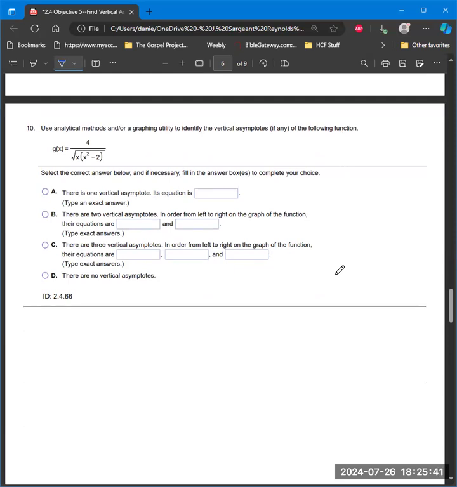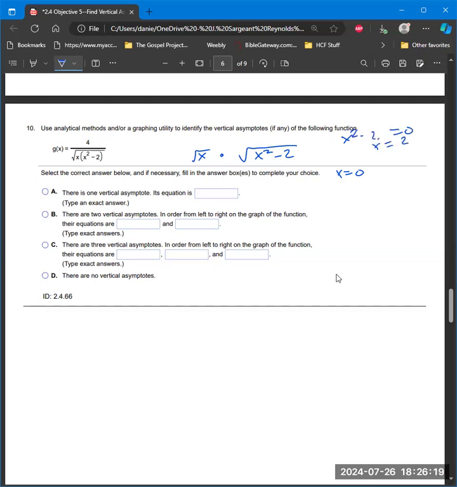Use analytical methods and or graphing utility to identify the vertical asymptotes, if any, of the function. So we have the square root of x times the square root of x squared minus 2. So x equals 0. This is going to be the square root of x. Let's just set it like this: x squared minus 2 equals 0.